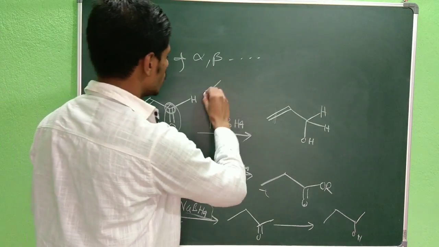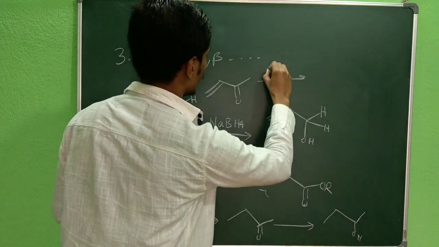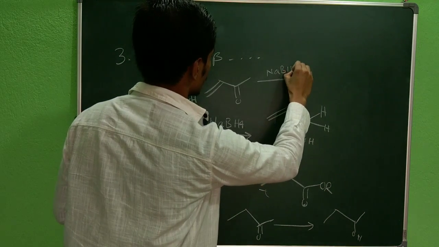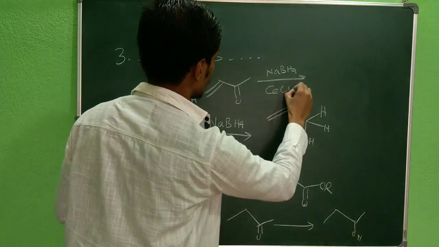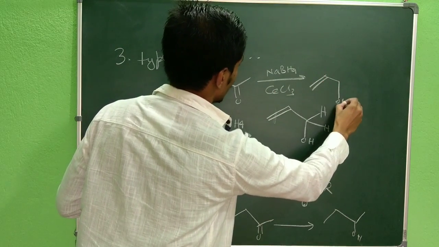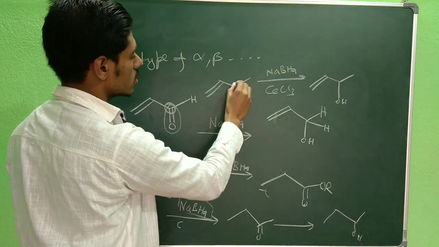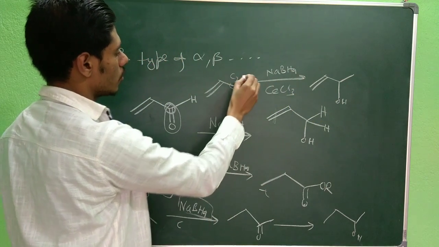So if you do the reaction of ketone with sodium borohydride in presence of cerium chloride, then it will undergo the 1,2 addition, that is, your hydride will add across this C2 carbon atom.